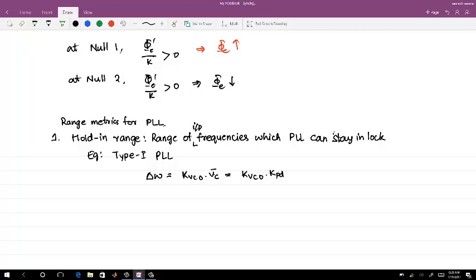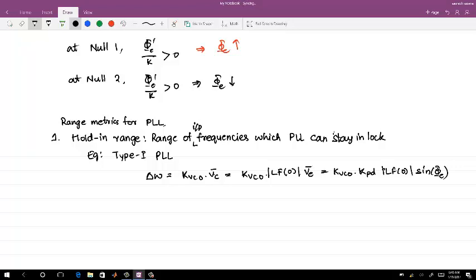This is all in steady state. So let me write that also here: KVCO times VC equals the loop filter gain at DC times V error average, which in turn equals KVCO times KPD times loop filter gain at 0 times sine of V average.